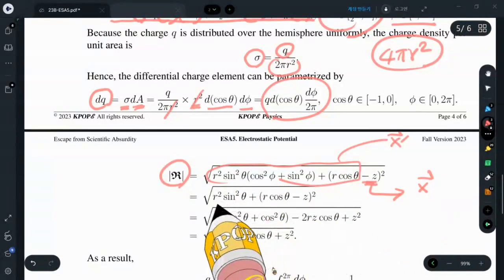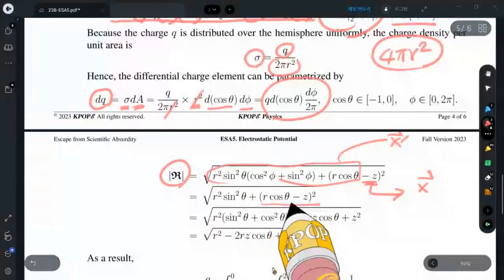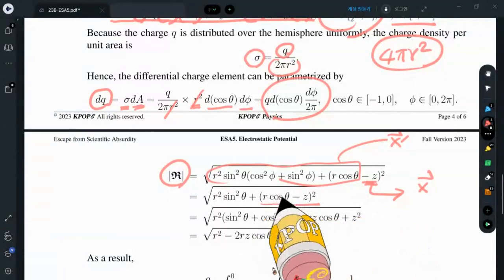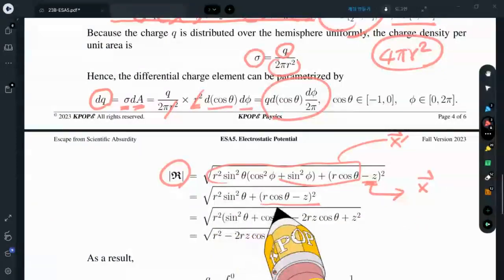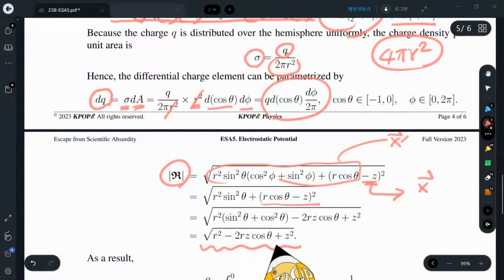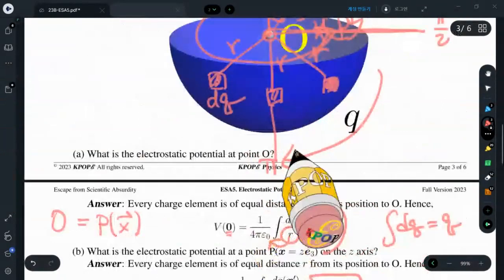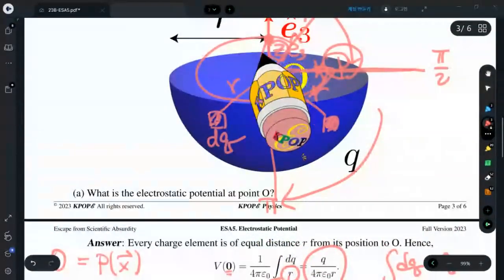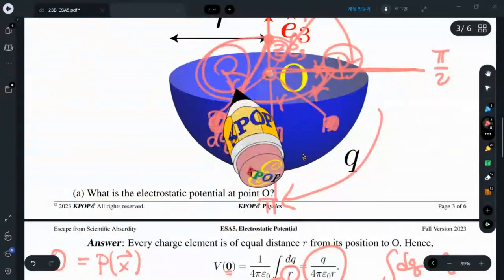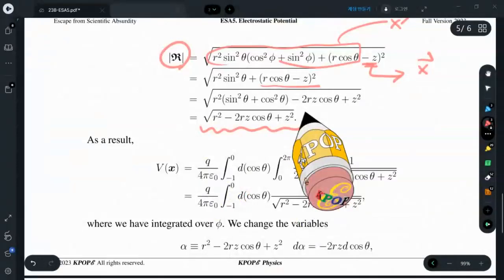Because it is trivial, it becomes a sine squared, and when we expand this, there is cosine squared, cosine, z squared, and so on. Cosine squared and sine squared merge into unity, and at the end of the day, we find the distance between the field point and a charge. This is capital R, expressed in terms of this.